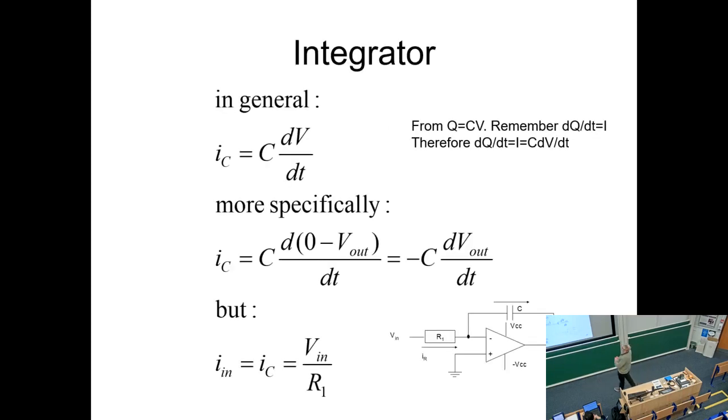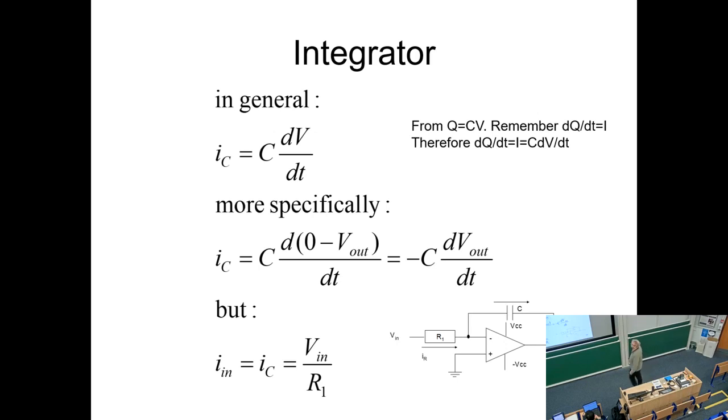This is an integrator. So in general, we can analyze this with our standard techniques. And the current in the capacitor is defined by the function of a capacitor, which is C dV by dt. And that comes from Q equals CV, and dQ by dt equals I, and so on. So that's a trivial thing. We should all know that.